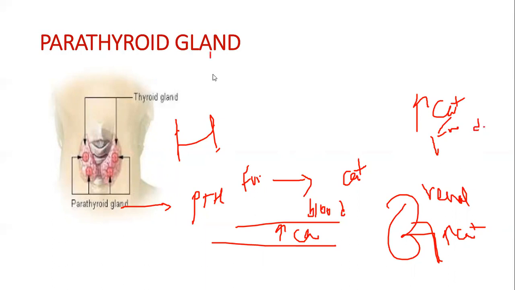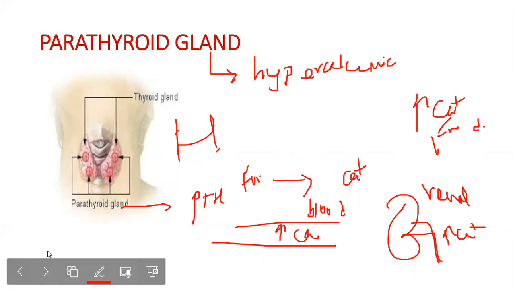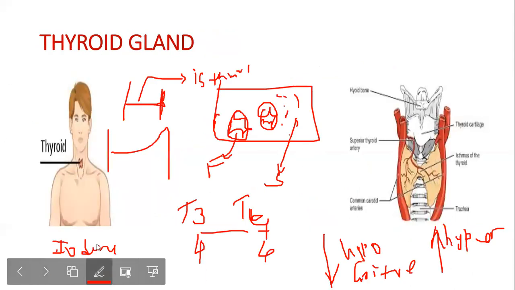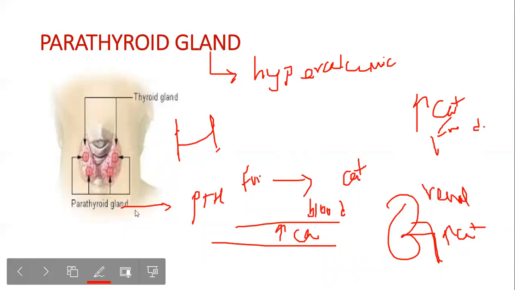Therefore, the parathyroid gland and the hormone itself is a hypercalcemic hormone. It increases blood calcium levels. Along with, as I have mentioned here, the thyroid hormones, the parathyroid hormone together maintains the calcium balance in the body.